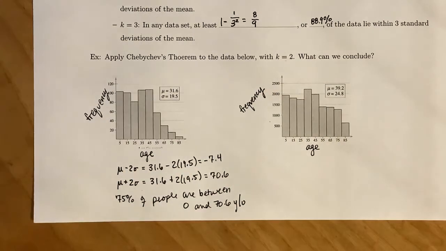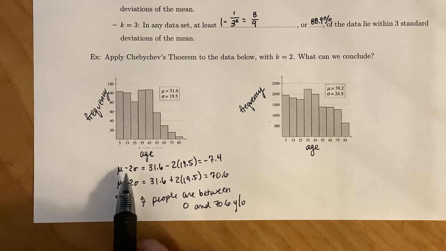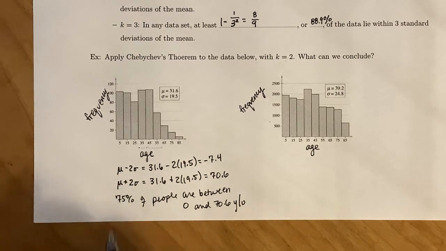Because we're looking at 2 standard deviations, we need to go below the mean and above the mean. And that tells us 75% of all of our people are between 0 and 70.6 years old.